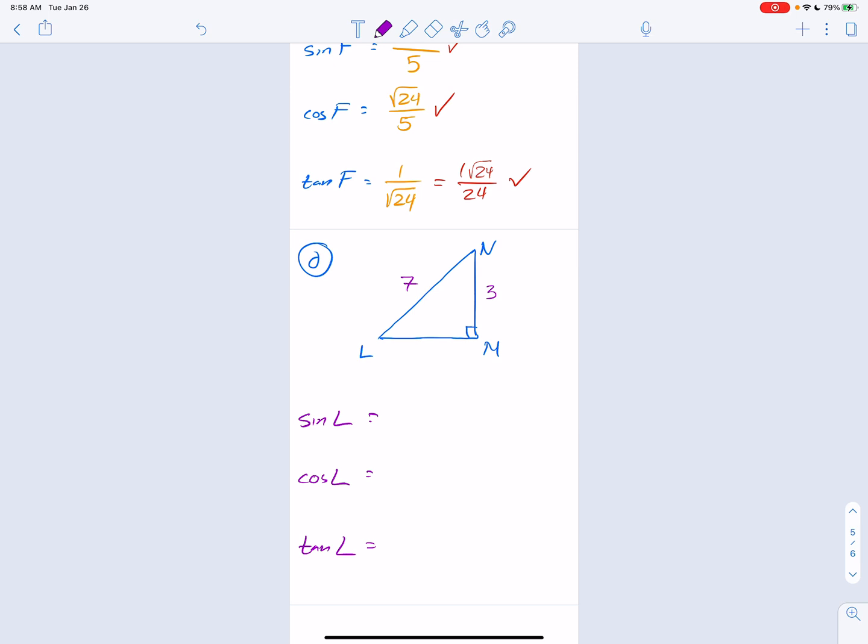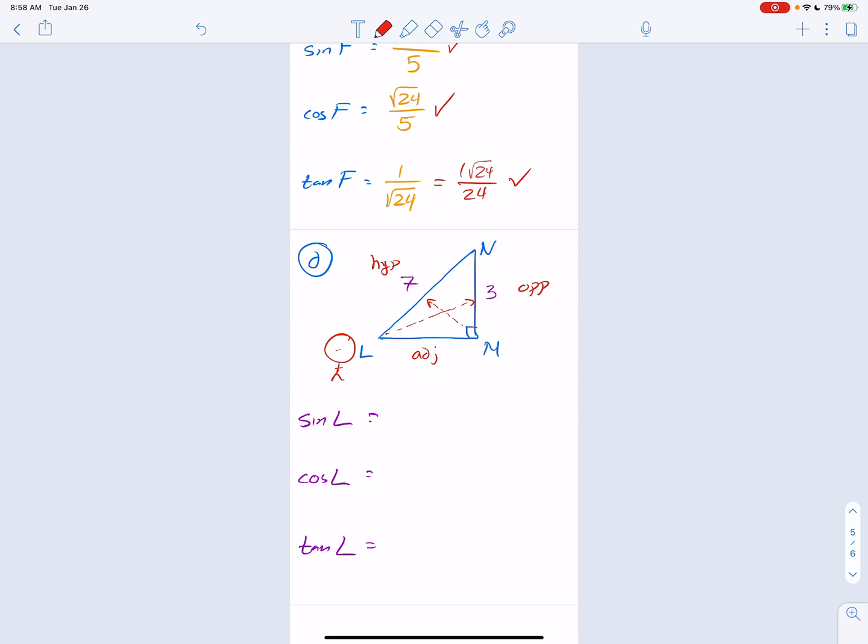Okay, so we know that L is where your little person is. Opposite of that little person would be opposite. Across from the right angle is your hypotenuse. Third side next to you is adjacent.